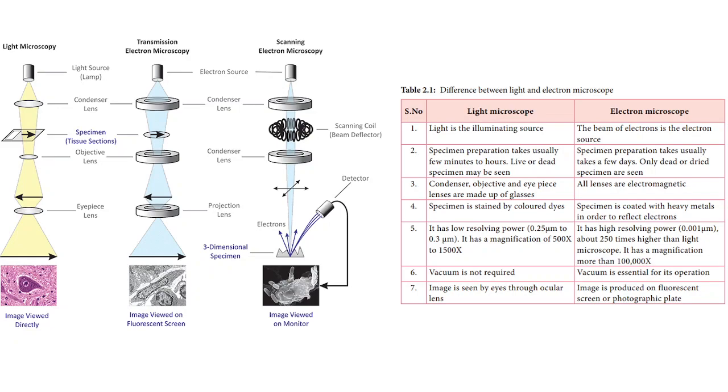But we have done live cell imaging under light microscope, and cells don't get damaged as such, because light is not that harmful. But in case of electron microscope, even if you try to do live cells, the beam of electrons will damage them. Okay, so you have done that, great. Yes, that's right. What you said is correct.